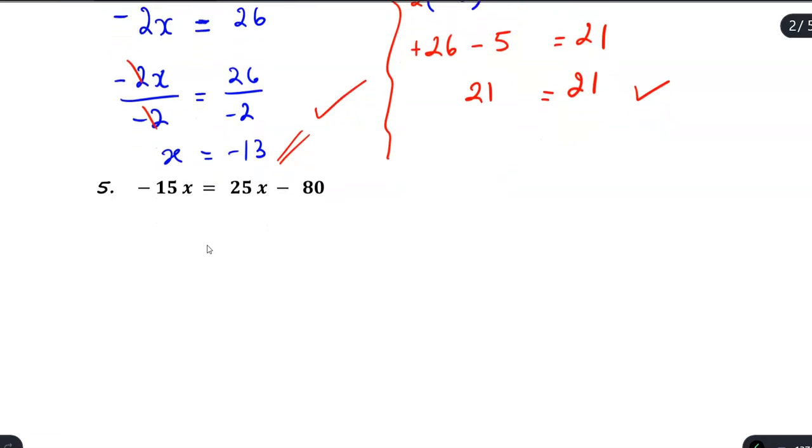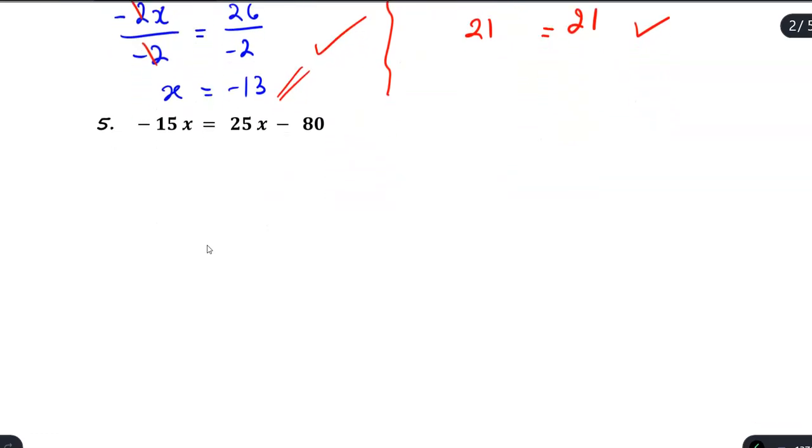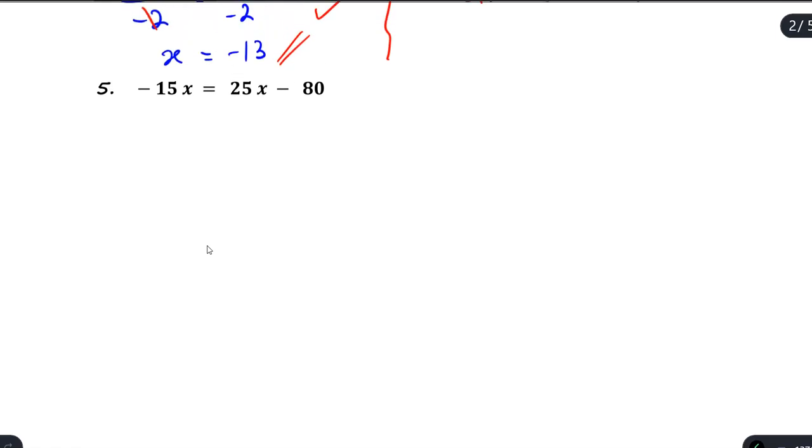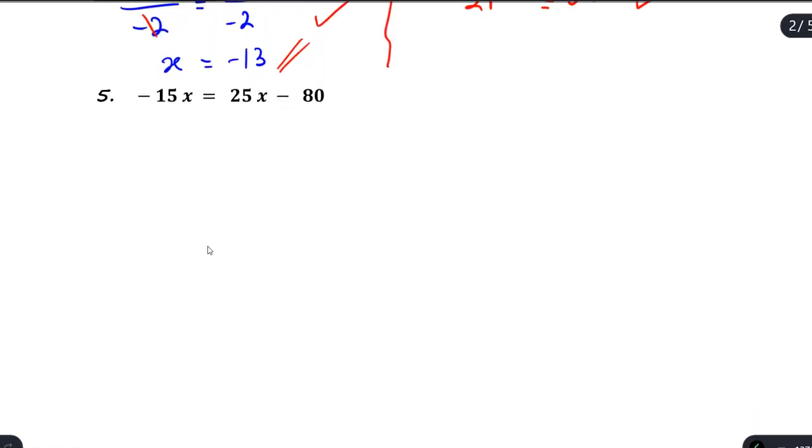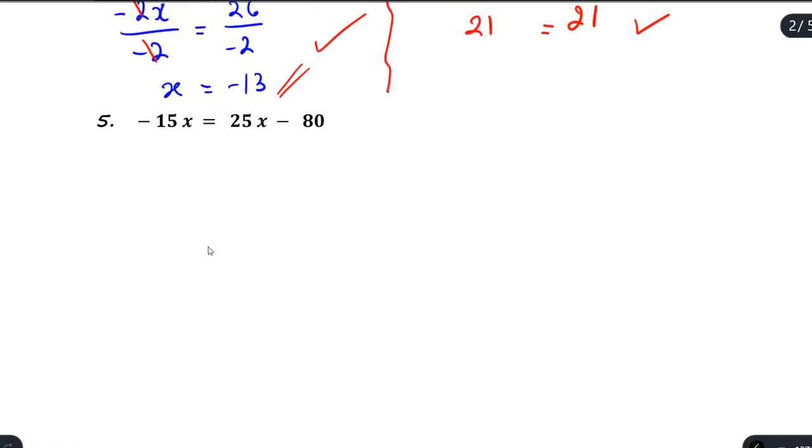So let's continue with the next questions. In this case, you have x on both sides of the equation. It's still the same concept that applies, even though you have x on both sides of the equation. What I'm going to do is, at the same time, you want x to be on the right-hand side or the left-hand side.